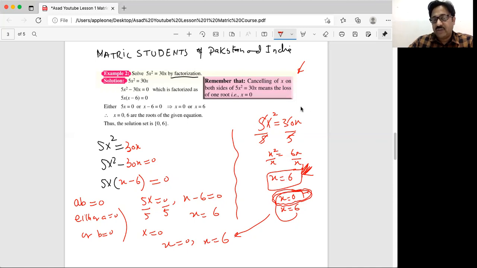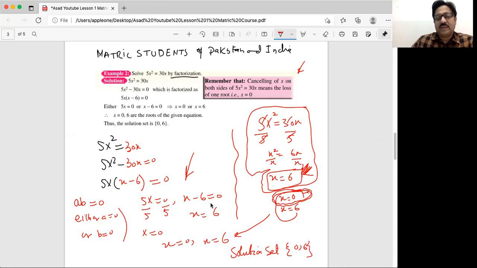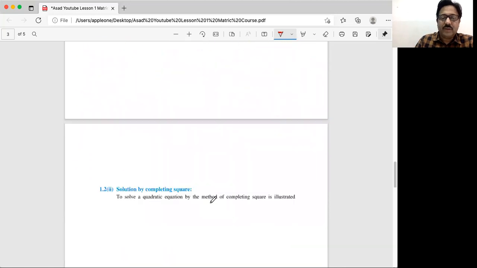So this is not the correct method. Don't do this method. It's not giving you the correct result. You are not supposed to use this method. So the solution set is 0 and 6. That's the result.